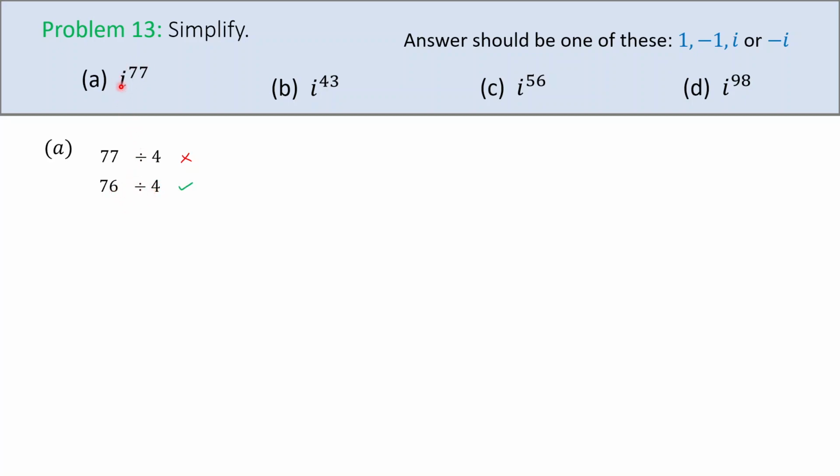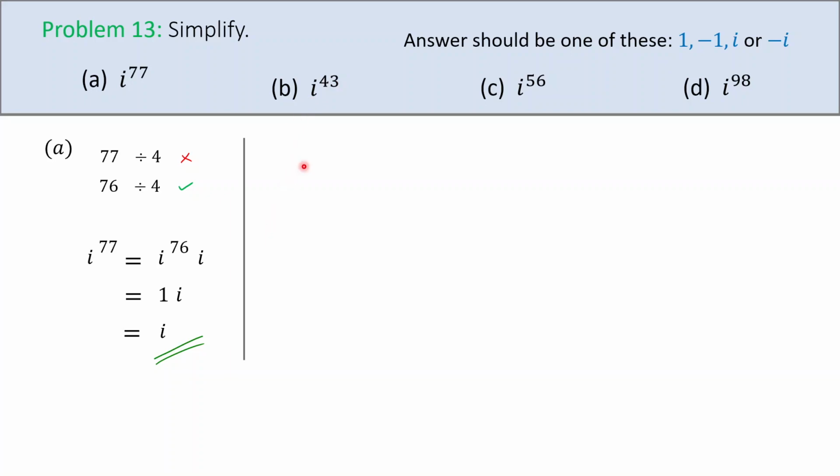So you can write this as i to the 76 times i to the 1, since 76 plus 1 is 77. This i to the 76 is 1 because 76 is a multiple of 4. Now you have 1 times i, which is i.